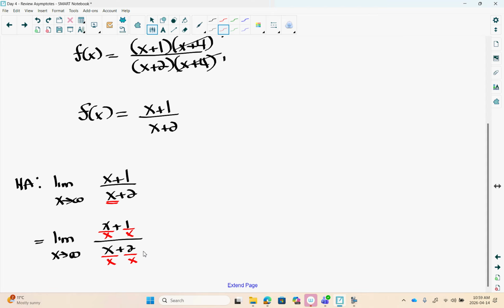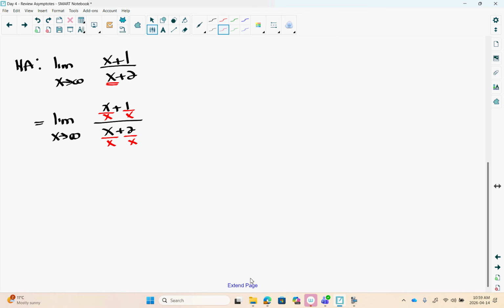And this is how I solve infinite limits of rational functions. Simplify that. What's x divided by x? It's a 1. This doesn't simplify. It's just going to be 1 divided by x. And this does simplify to a 1. This term doesn't simplify. It remains 2 over x.